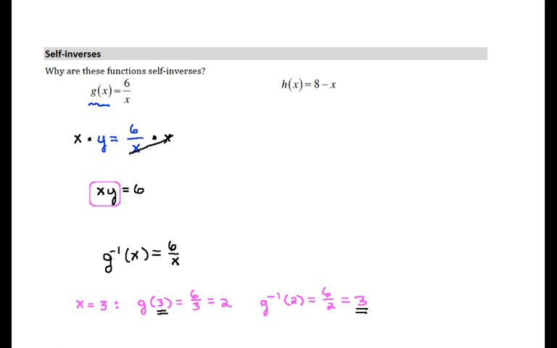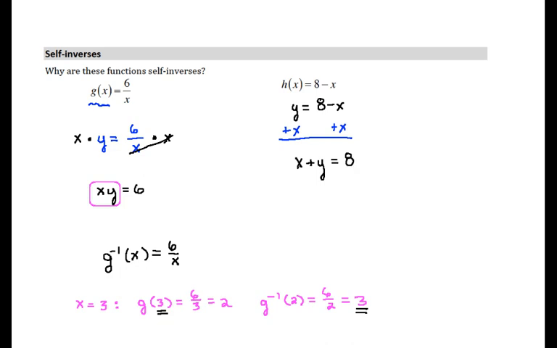A very similar thing happens with h of x. If I again start by just replacing h of x with y, and then I change the form of it by adding x to both sides of the equation, what I get now is x plus y equals 8.